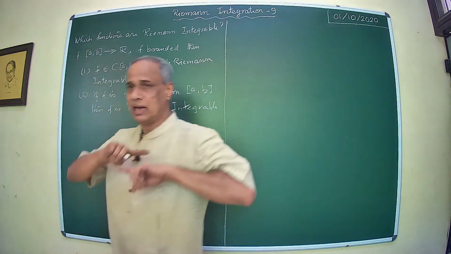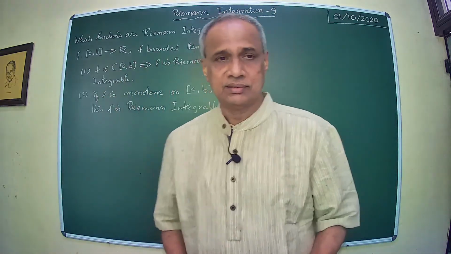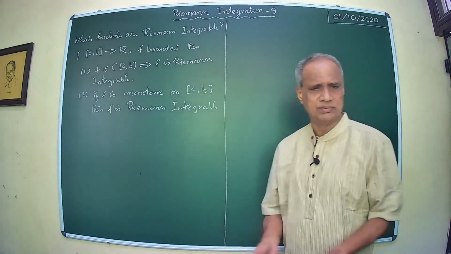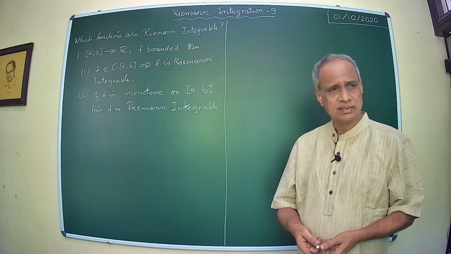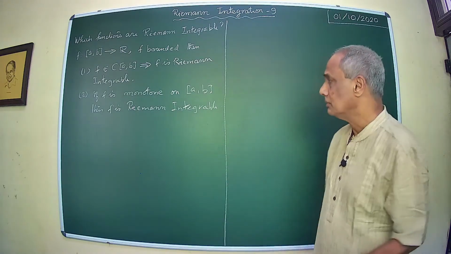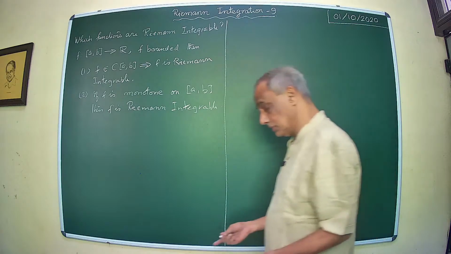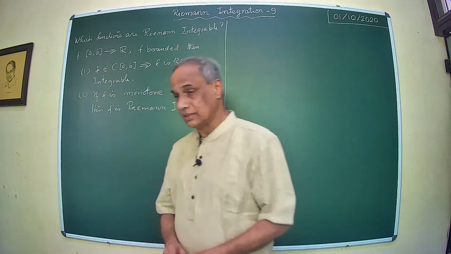So we now have a large class of functions which includes all continuous functions, all monotone functions, and even functions having countable discontinuities which are Riemann integrable. So that is the current scenario.